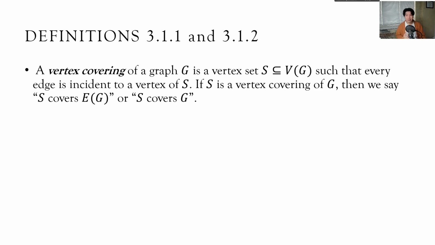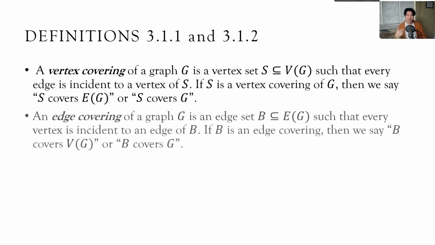For my next definition, I have an edge covering. And this is probably what you might expect it to be. We have pretty much the same idea for our definition, but with edges this time.